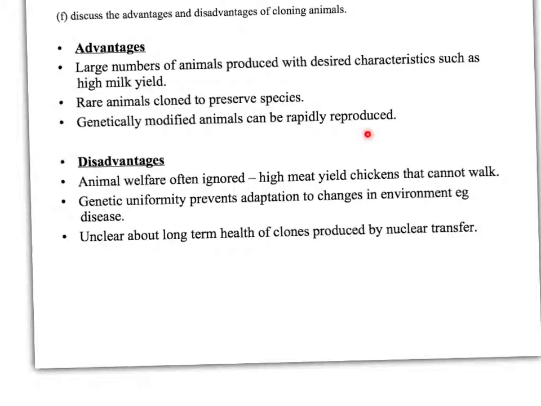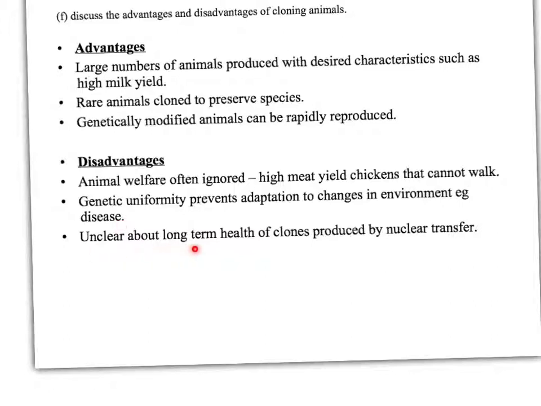Disadvantages. Animal welfare is often ignored. High meat yield chickens are so big they can't walk. Breeding has produced these ones that can't walk, so that's not particularly good for animal welfare. Also the genetic uniformity would prevent adaptation to any environmental change, and therefore if a disease came along it could wipe out all of your population.